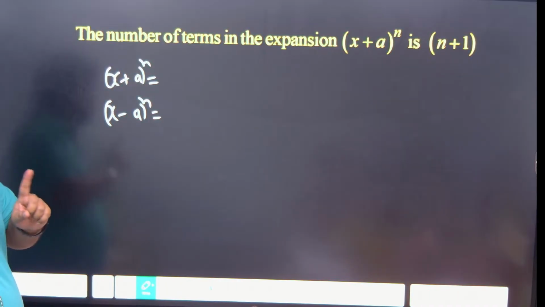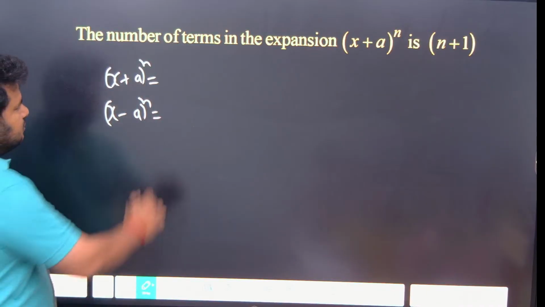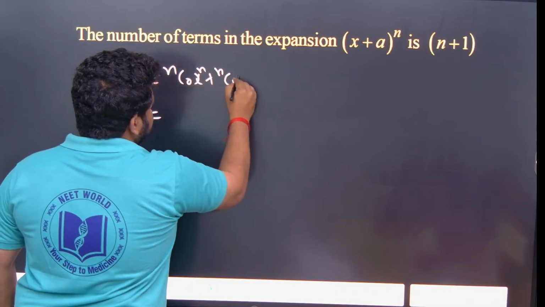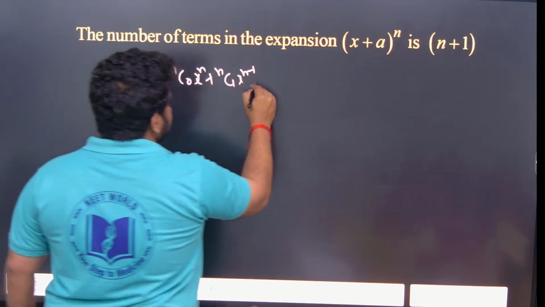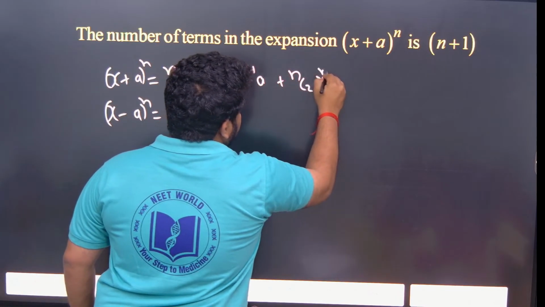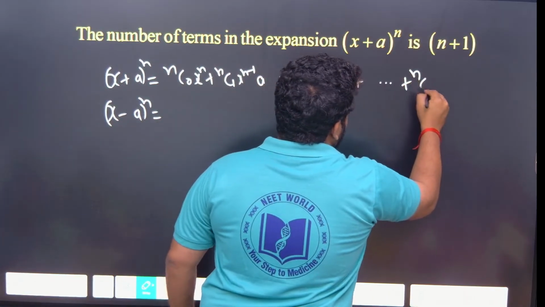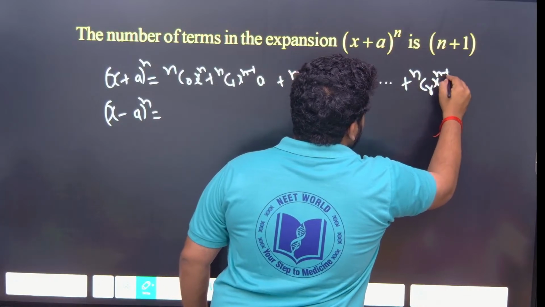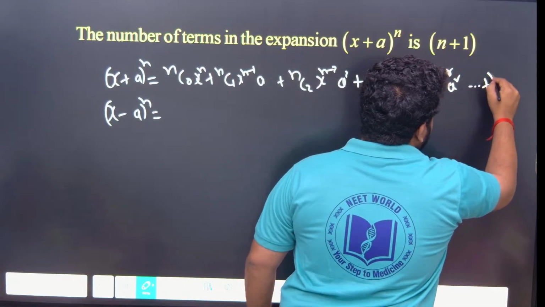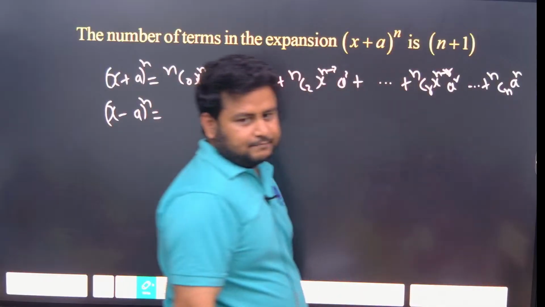I am not asking for the general term, I am asking for the expansion of this. nC0 x power n, and so on, and the last term will be nCn a power n.